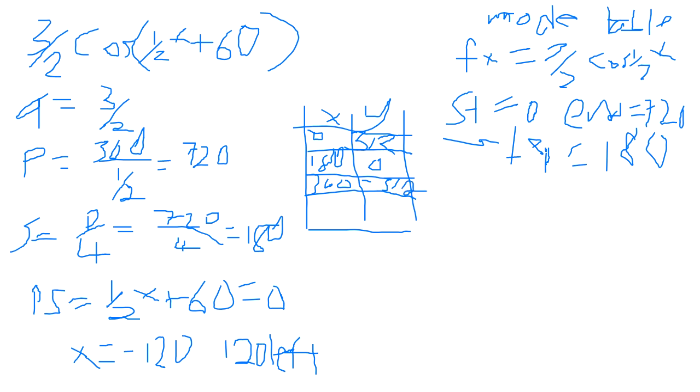Then when you add 180 again, you are going to have 540. When it's 540, you are going to have 0. Then the last one will be 720. You are going to have 3 over 2. So that is the power of the step. The step helps you to get clear points when drawing your graph.